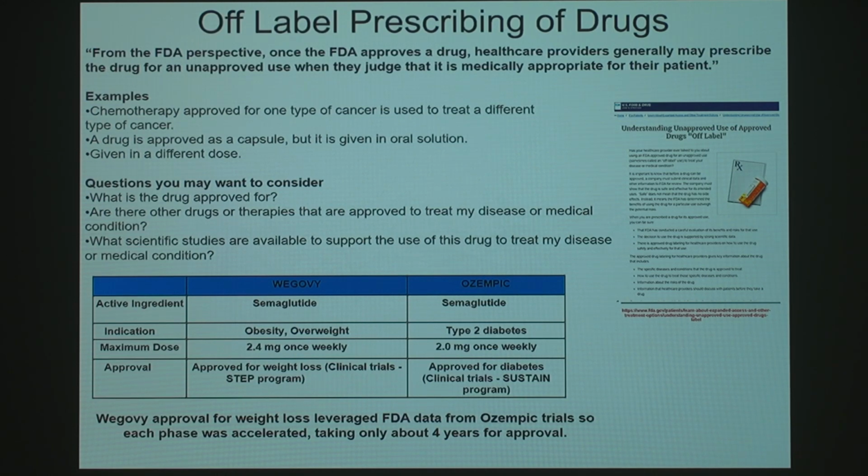Off-labeling. Once a drug is approved by the FDA, it's approved for whatever use it was studied for. But as providers, you will be able to give a patient a drug that was approved for one condition for another condition.